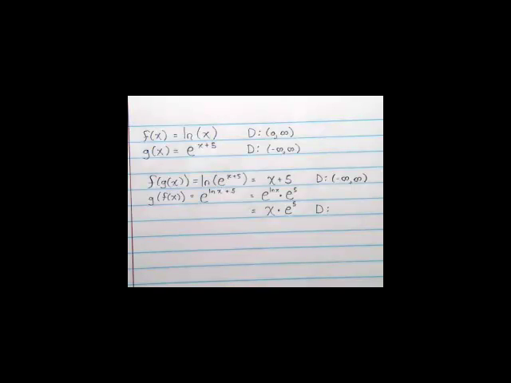And this already has a restriction on it, right? You can only use positive numbers in logs. So right away, I'm limited to positive numbers. And from there, everything else is fine. But I've got to stick to only positive. So this domain has to be 0 to infinity then.